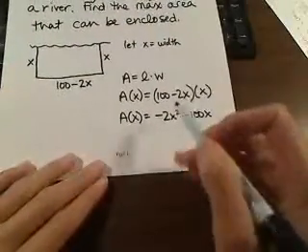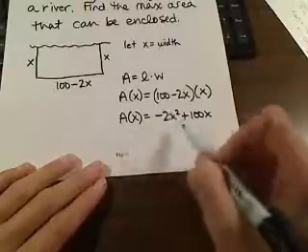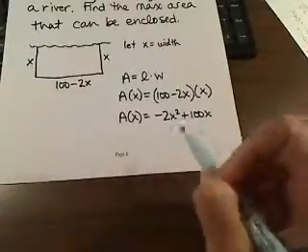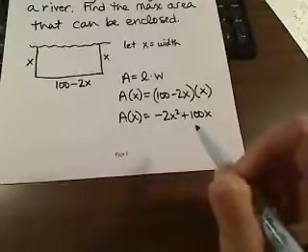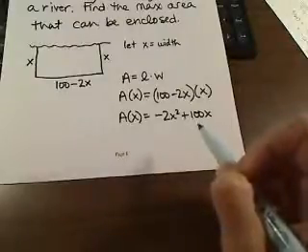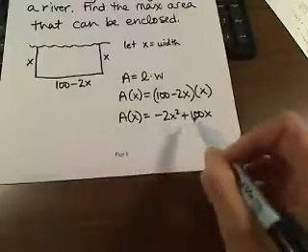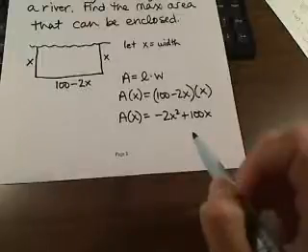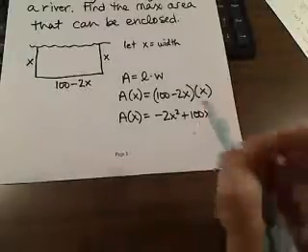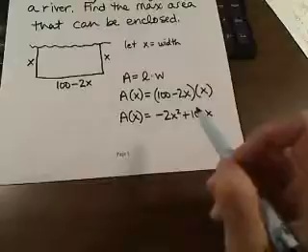And so now I'm going to go ahead and find the vertex because we're trying to maximize this. So we need to find both coordinates of the vertex. We're going to start with the x, and then when we plug it back in and find the y coordinate that corresponds to that x, that's going to be our maximum value, okay, because we're looking at something that's parabolic here.